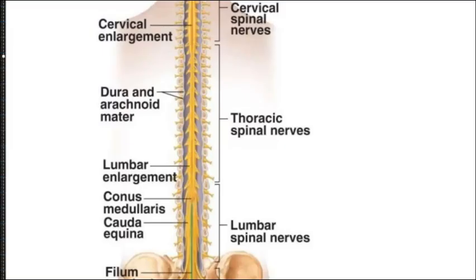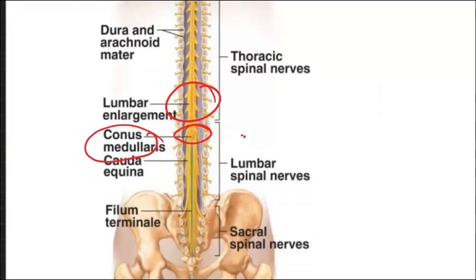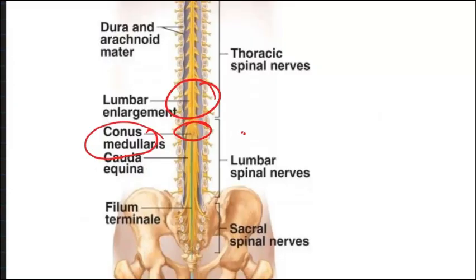It actually ends at the level of about second, third lumbar vertebrae with a structure known as conus medullaris. Right before that, you can see so-called lumbar enlargement. Below the conus medullaris, the spinal cord branches into a bunch of nerves that are called cauda equina, which can be literally translated from Latin as the horse tail.